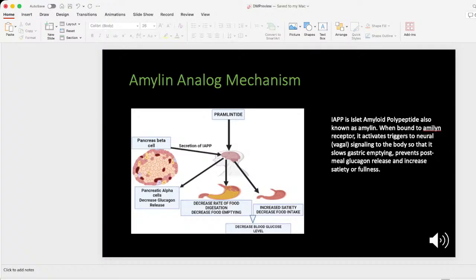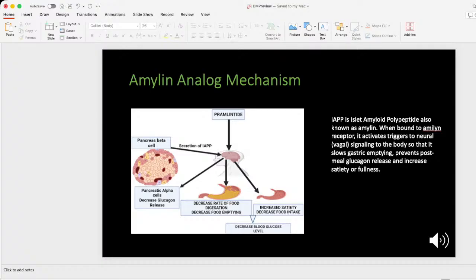So the glucagon is typically released by the pancreas. In this example, you could see the pancreatic beta cells, but there's also pancreatic alpha cells, like an alpha receptor and a beta receptor.